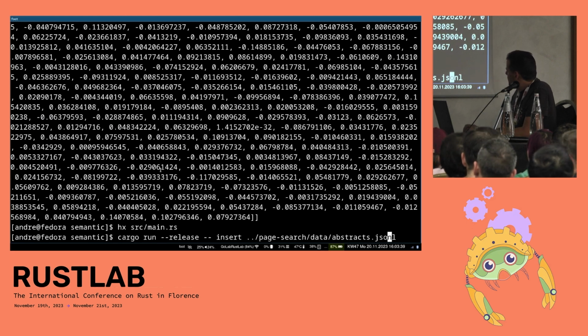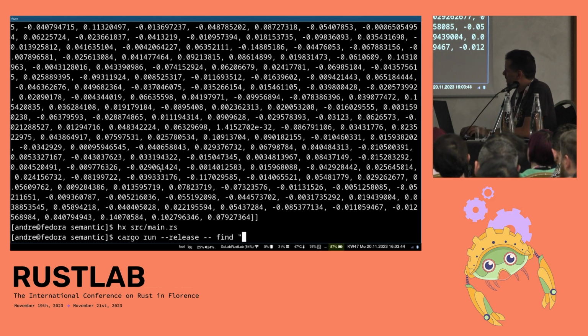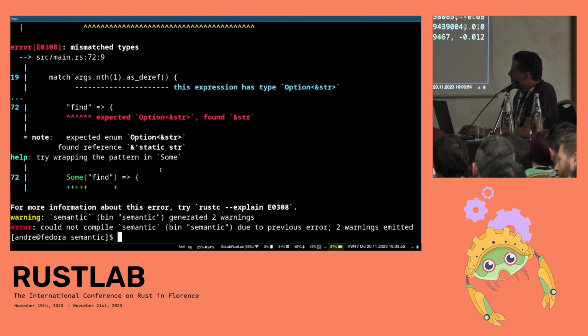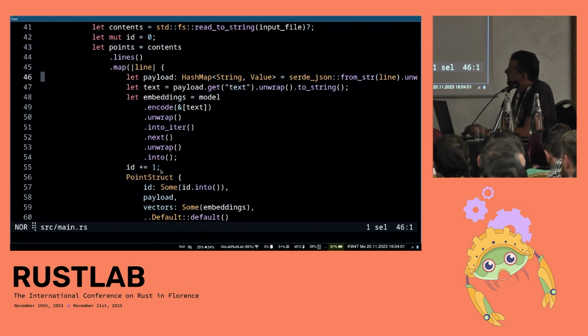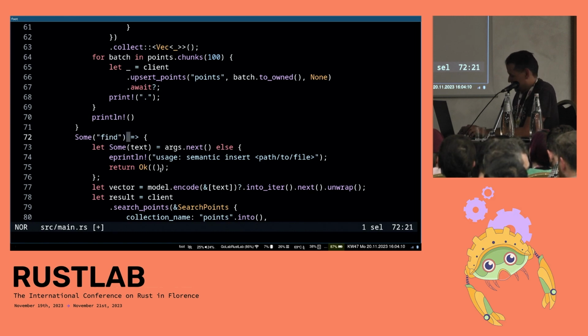So now let's see if we can find something. For example, Qdrant is pretty bullish on quantization. Oh, that's the next problem. I missed that. Obviously, I'm missing things. Needs to be Some find, or else the type is not correct.